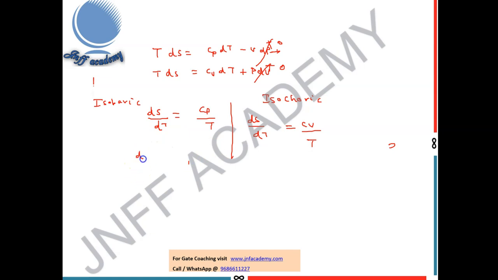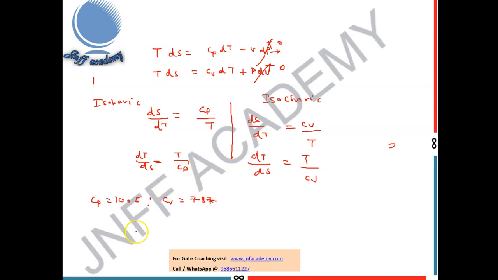Say for example, dT/dS is equal to T by Cp, and here also dT/dS is equal to T by Cv. We all know for air Cp is equal to 1005 and Cv is equal to 787 something, right? So then dT/dS, Cp is in the denominator, which is the higher value.